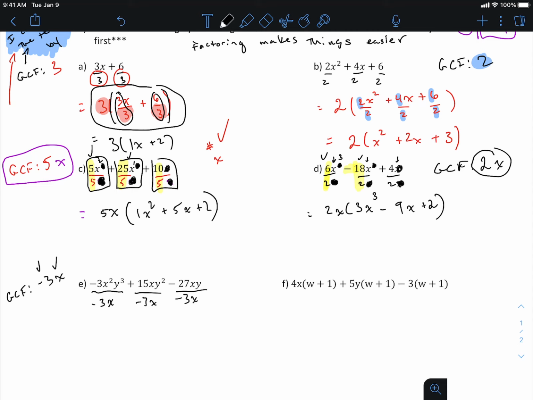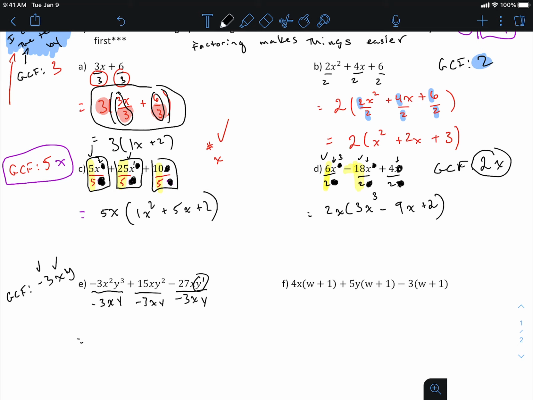Well, I can only take one y variable as well, because you have to take the minimum. So there's your greatest common factor right there.